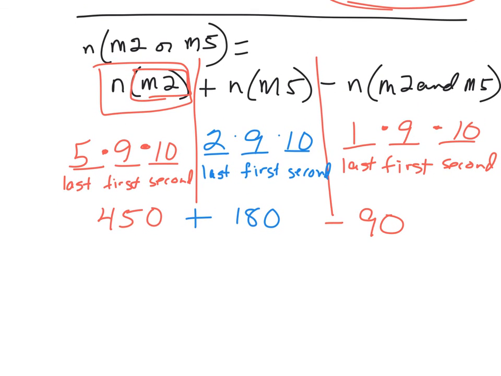And so now 450 and 180 is 630, and 630 minus 90 is 540 3-digit numbers that are multiples of 2 or multiples of 5. Now that sure beats listing them all out. Takes some thinking, but once we do the thinking, it kind of makes sense.